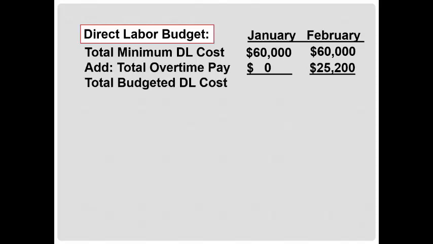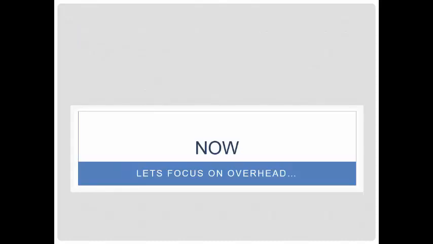Total budgeted labor cost in January is $60,000 and in February is $85,200. So this gives us a closer look at the labor budget with a complicating factor that some companies will have to consider, and that's minimum hours that we will pay our labor force.